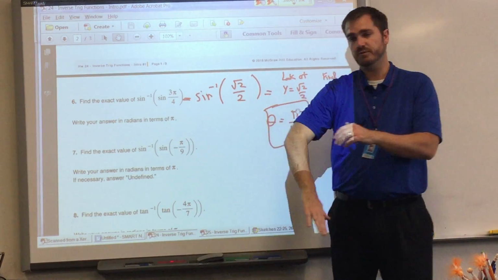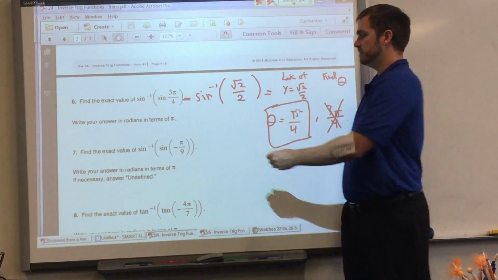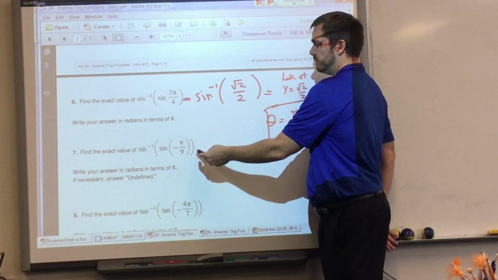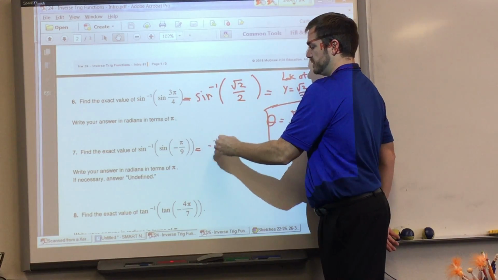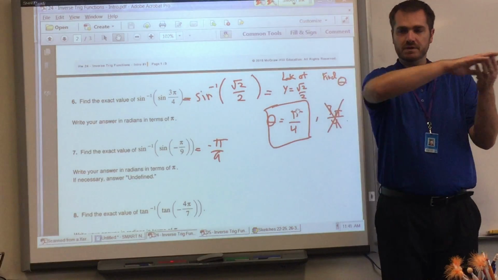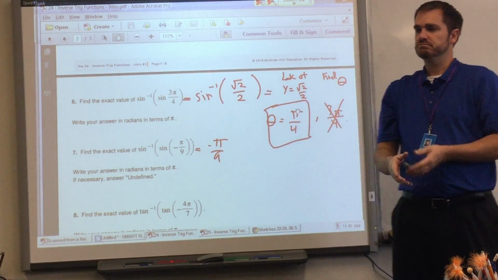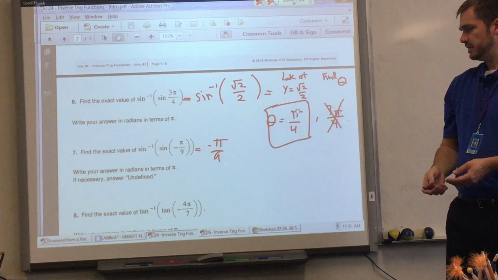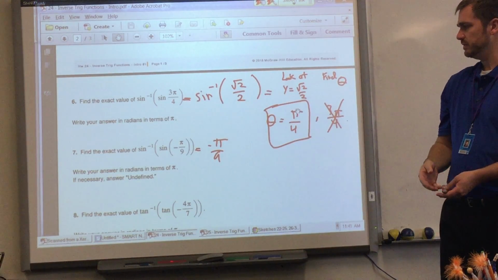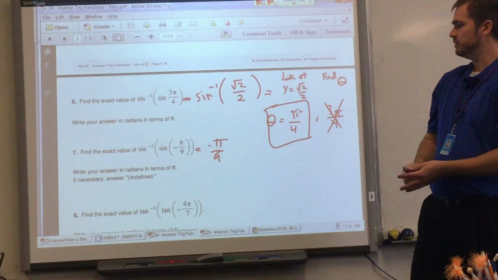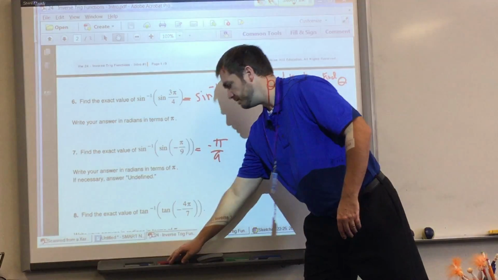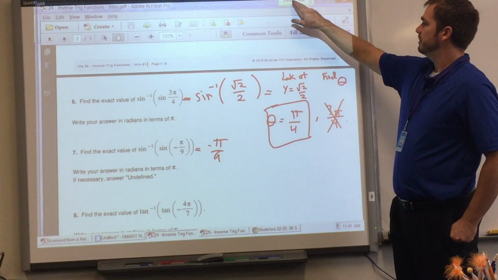And this guy is a good fourth and first quadrant angle. So if you want to play the game, you can, but I'll tell you right now it's negative pi over 9. It's the same thing because that one is within that range. If you're not sure about that, we're going to do some more here in a minute that'll make things really clear.